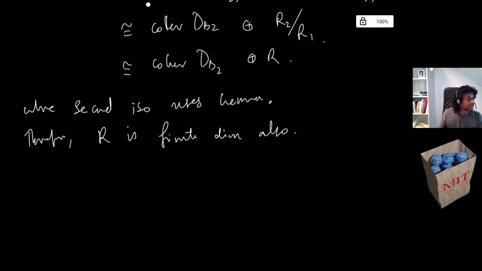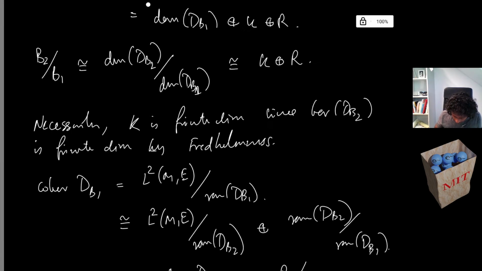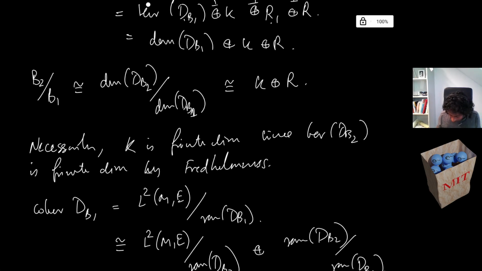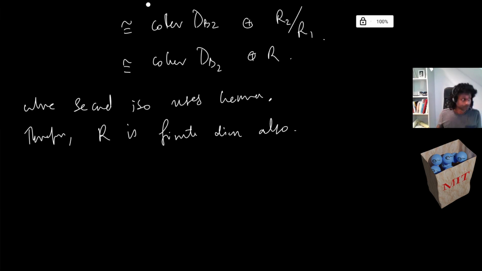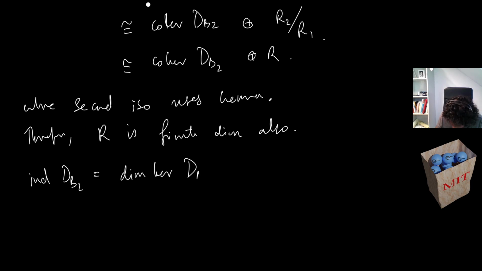All right. So now, what do we have? What we've proven is that B2 mod out B1 is precisely K plus R. So let's now compute the index. The index of dB2 is equal to the dimension of the kernel of dB2 minus the dimension of the co-kernel of dB2.